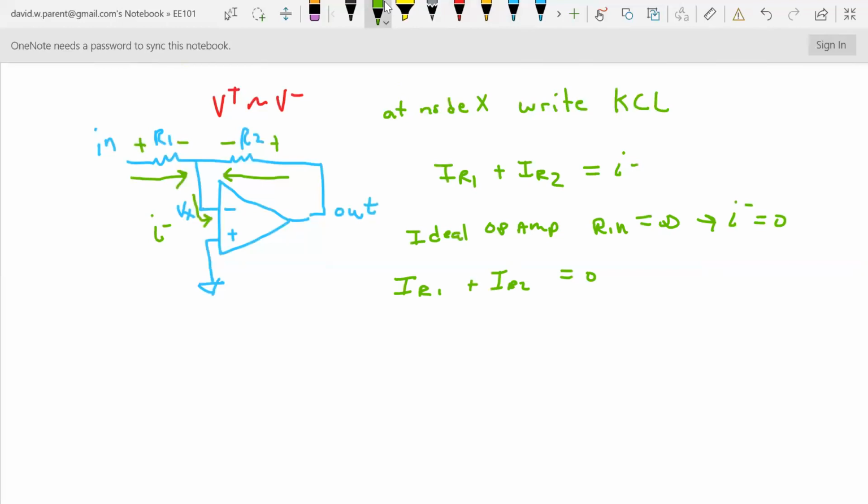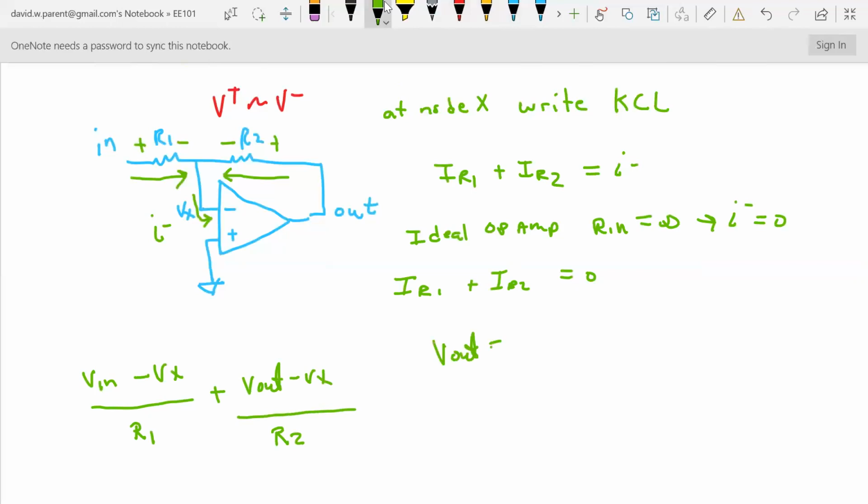All right, so what is IR1? IR1 is Vn minus Vx divided by R1, right? Plus, now again, look at where the pluses and the minuses are for IR2. It's V out minus Vx over R2. Now you might say, hey, there's a nodal analysis here, and I have one node, and I have another node, but here's the thing.